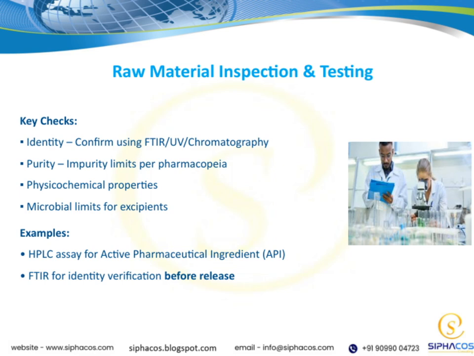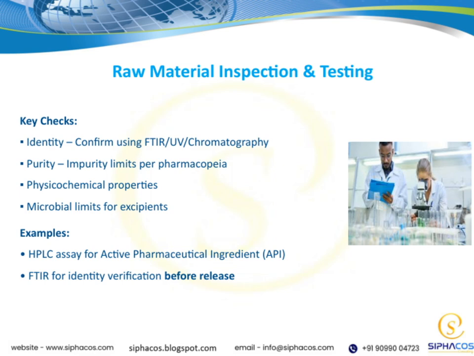We also evaluate the physicochemical properties, which include parameters like melting point, pH, or solubility, to confirm consistency and quality. Another important aspect is microbial limits, especially for excipients. We want to make sure they meet safety standards by testing for microbial contamination.